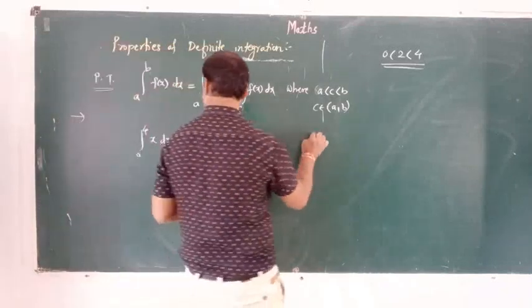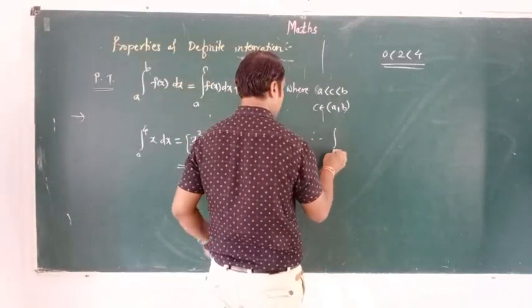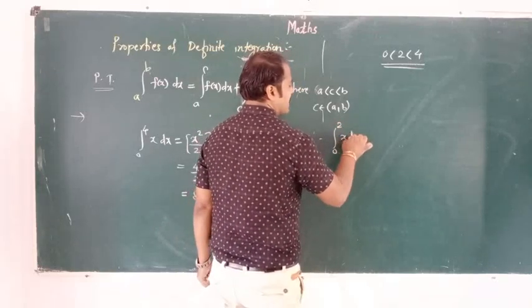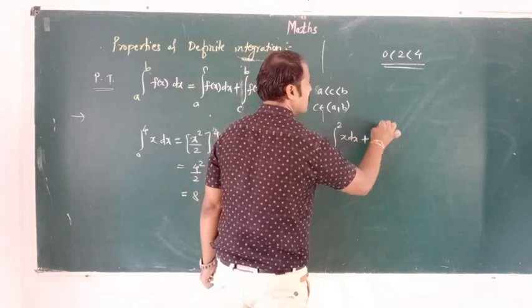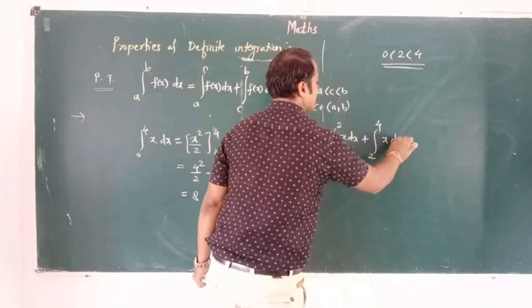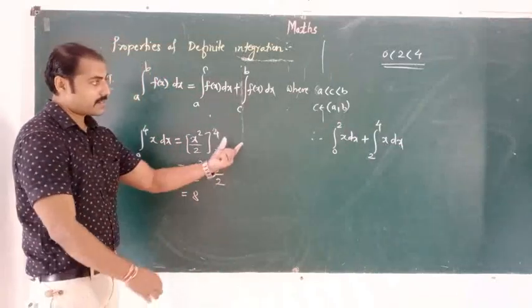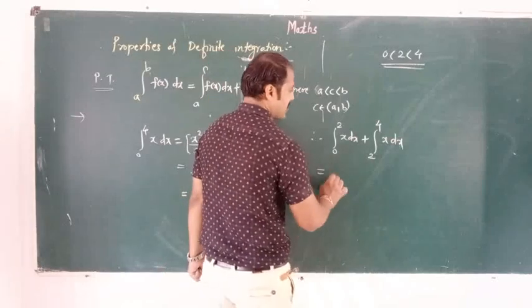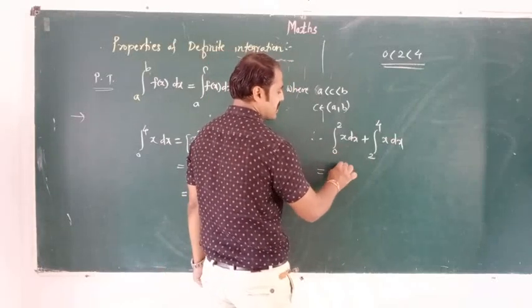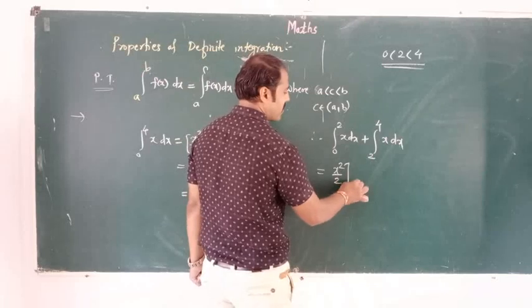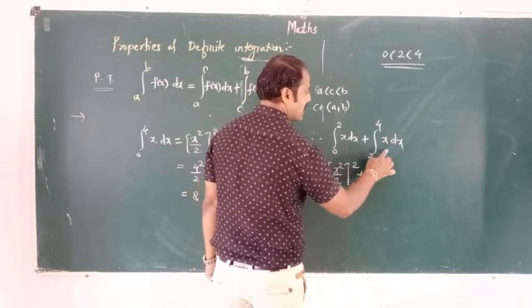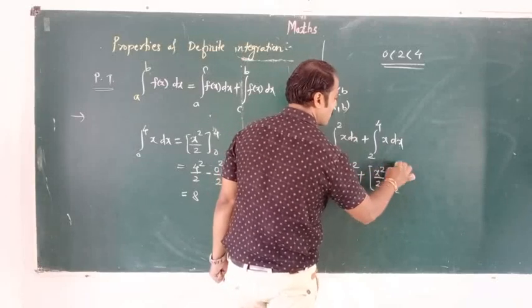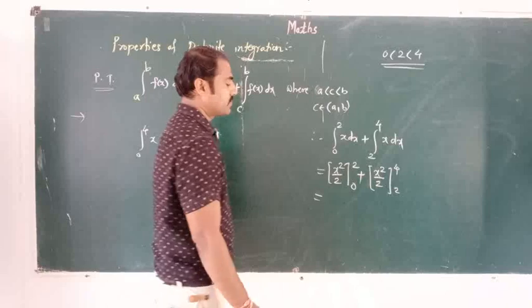So I can write integral 0 to 4 x dx as integral 0 to 2 x dx plus integral 2 to 4 x dx. Integration of x dx is x square by 2, value of the primitive from 0 to 2, plus integration of x dx is x square by 2, value of the primitive from 2 to 4, is equal to.